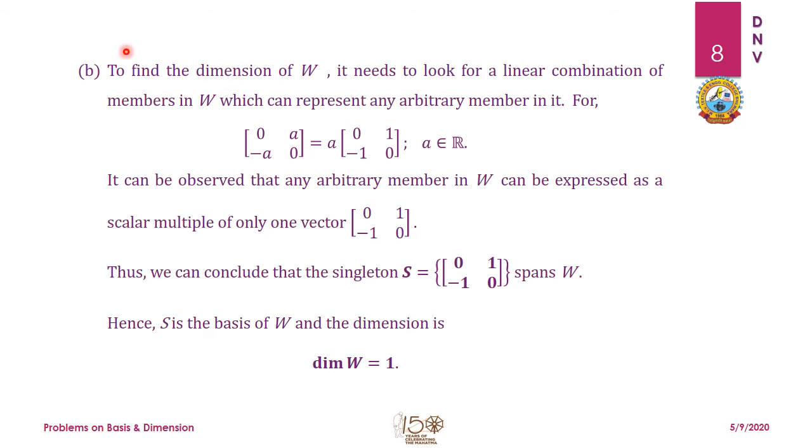To find the dimension of W, we need to look for a linear combination of members in W which can represent any arbitrary member in it. So if I take the arbitrary member 0, A, minus A, 0, I can represent it with the help of this combination: A times the matrix 0, 1, minus 1, 0.